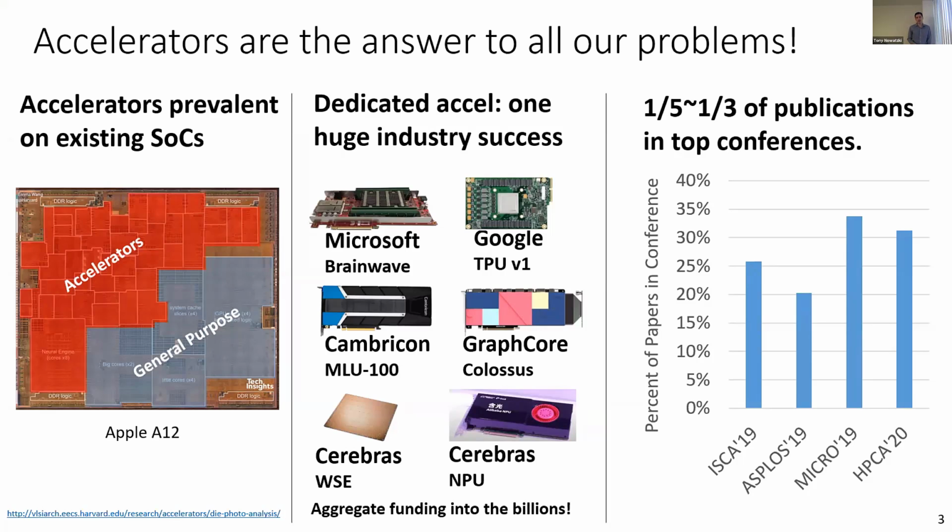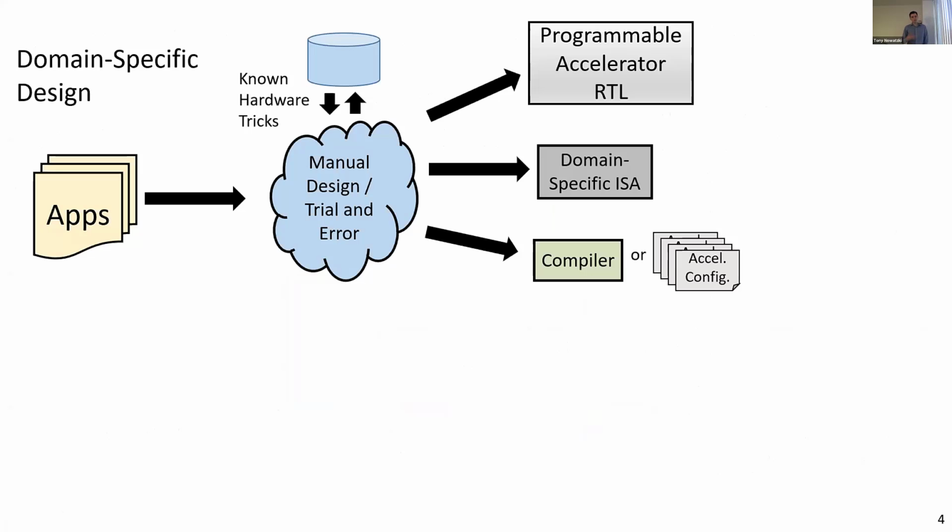Okay, so what about the existing ways of developing accelerators? What are they, and what might not be so great about them? One kind of approach I would characterize as domain-specific design. In this approach, a human will look at a set of applications, try to discover what the fundamental behaviors in those applications are that can be exploited, and then develop hardware tricks and hardware design, a way to expose those domain-specific tricks through an ISA, and then develop a number of applications that run on that domain-specific ISA.